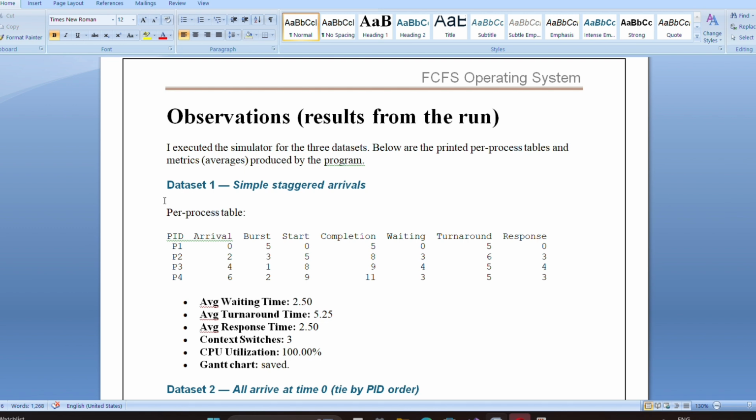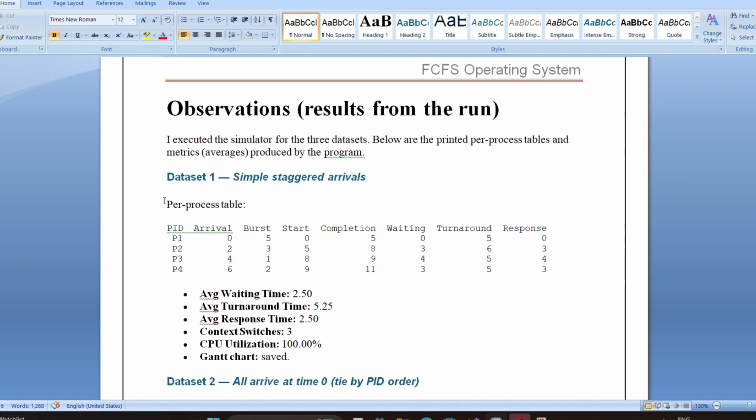As a result, we get average waiting time 2.50, average turnaround time 5.25, average response time 2.50, context switching is 3. CPU utilization in percentage, how much the CPU is utilized by the processes, is 100%. Gantt chart is saved.